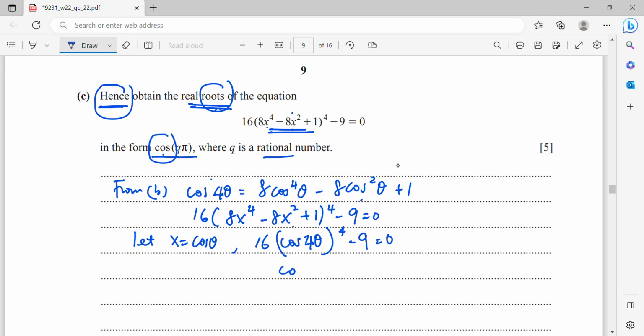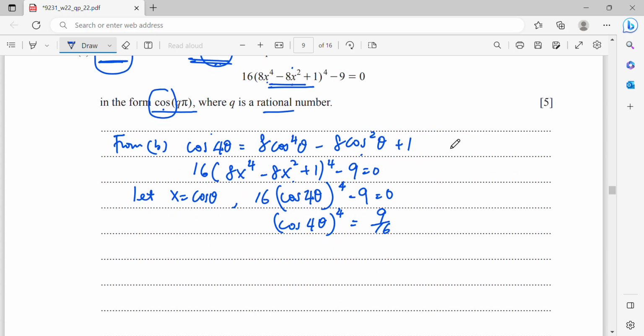So cos 4 theta to the power 4 minus 9 equals 0. So now cos 4 theta to the power 4 will be 9 over 16. We get the cos 4 theta squared first. It will be plus minus square root 9 over 16, which is plus minus 3 over 4. But you know that a square cannot be minus.